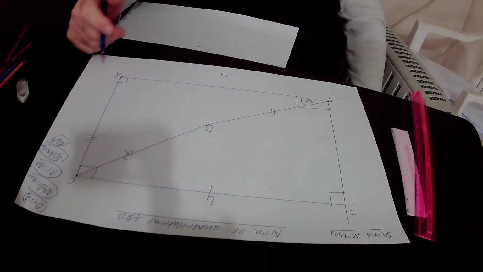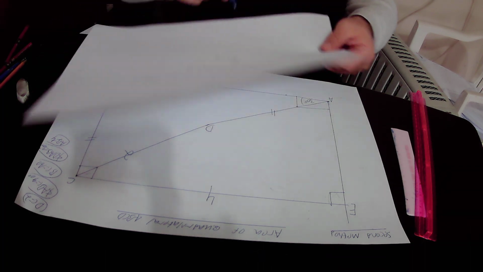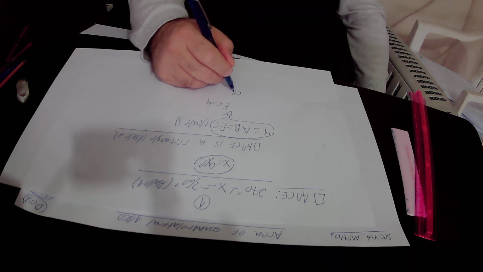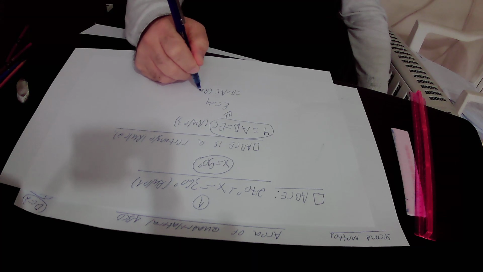Likewise, according to rule number 3, CB equals AE.